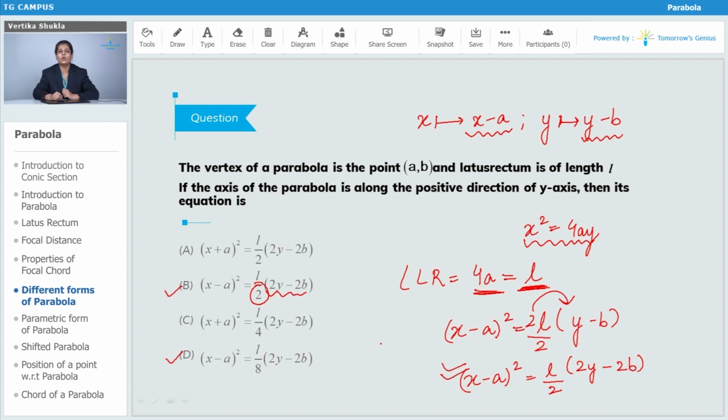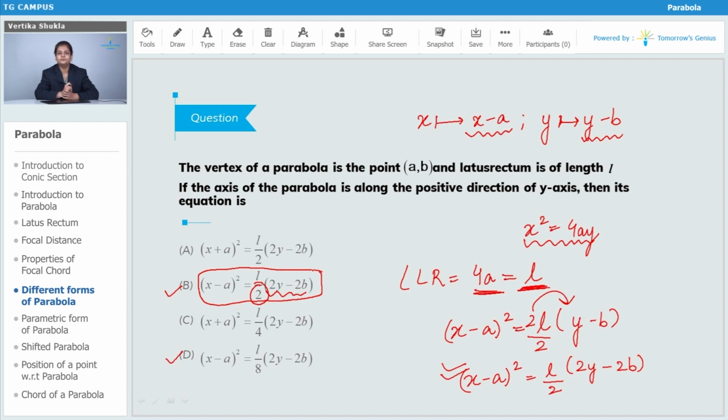This is similar to option B. So option B is the correct option: (x minus a)² = (L/2)(2y minus 2b). This is the equation of the parabola with its vertex at (a, b) and its latus rectum of length L.